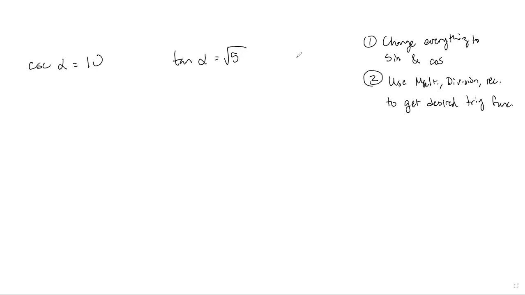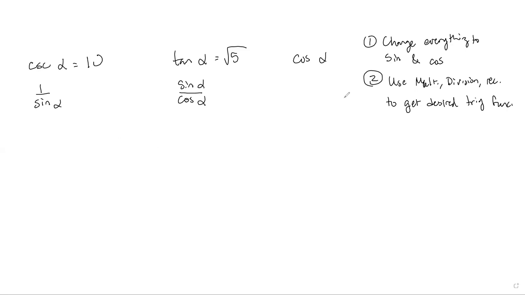And let's say we want to find cosine of alpha. First step, change everything to sine and cosine. So cosecant is 1 over sine alpha. Tangent is sine alpha over cosine alpha.